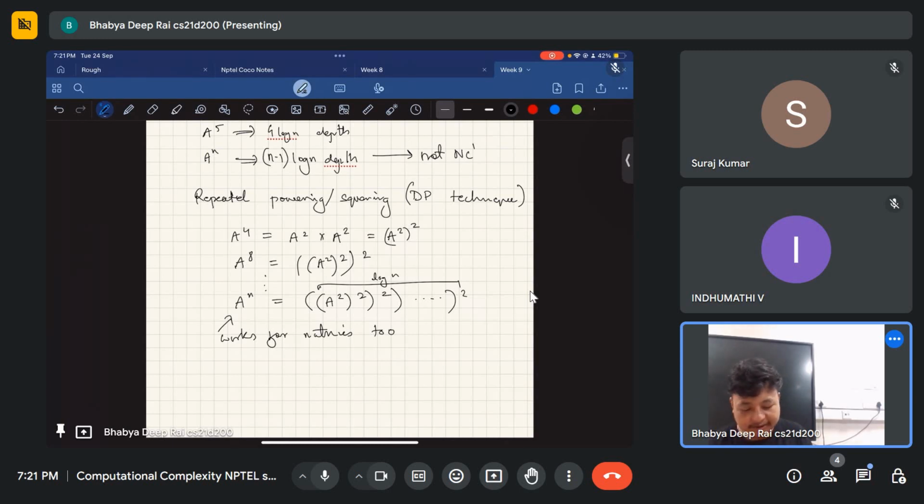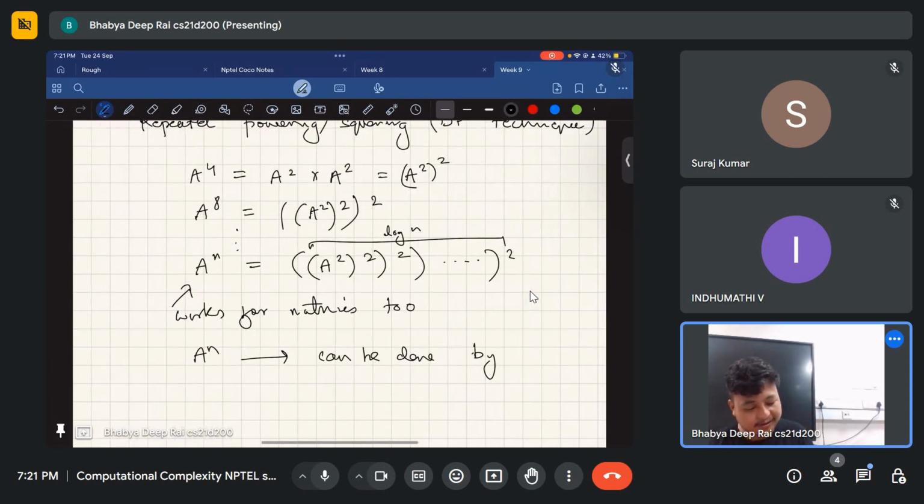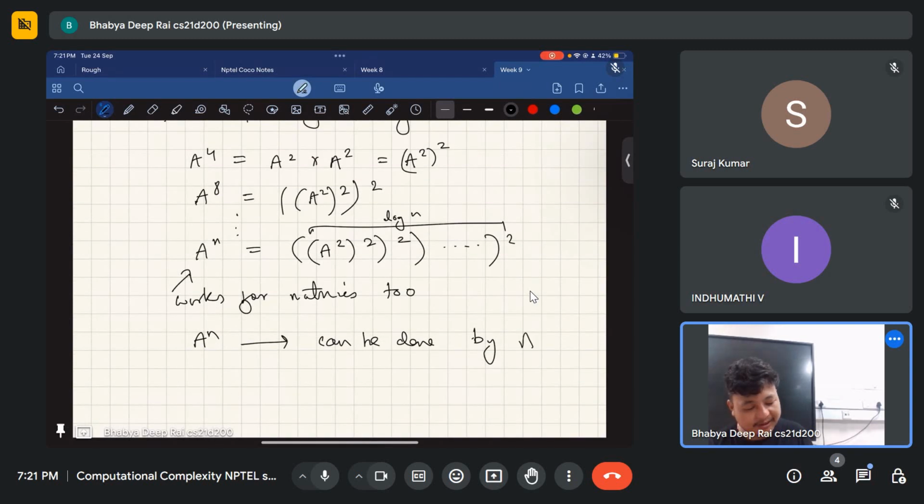Okay, so a to the n can be done by order log n matrix multiplications.